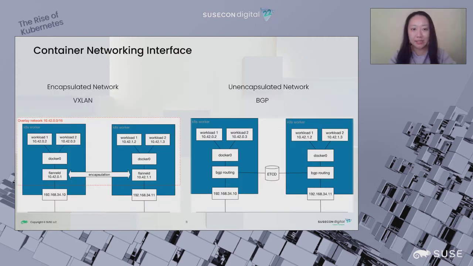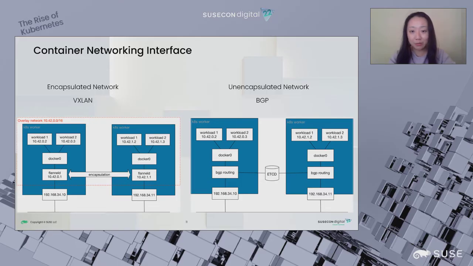Each CNI plugin uses a different type of model for networking. Some CNI, like Calico, uses layer 3 paired with BGP protocol to connect pods. Cilium, for example, could configure an overlay network with eBPF on layer 3 to layer 7. Louis will explain more about different CNIs later.